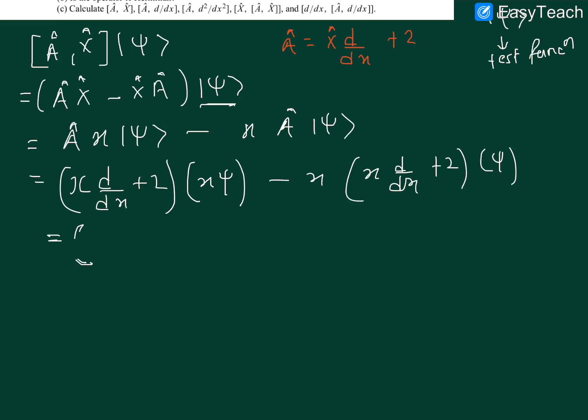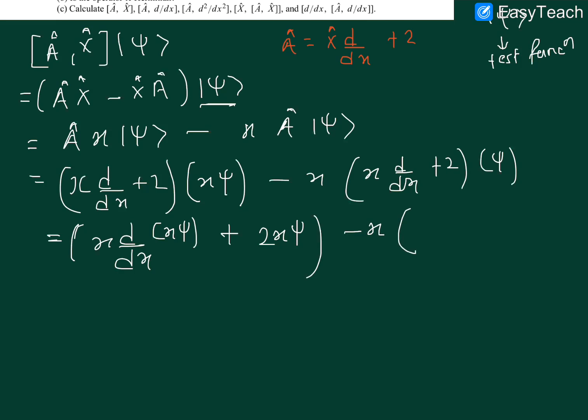In the next step we get x d by dx (x psi) plus 2x psi minus x d by dx psi plus 2 psi.